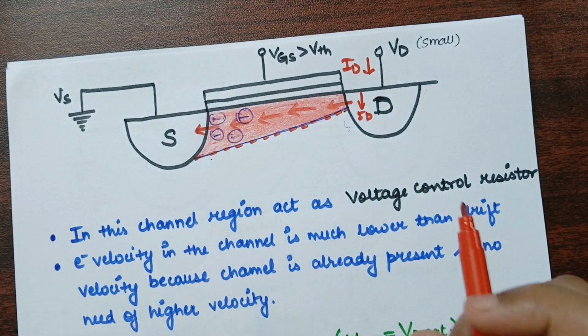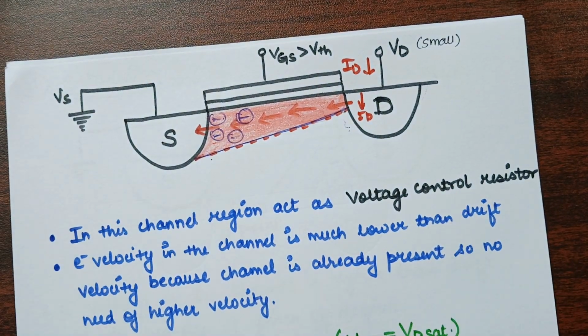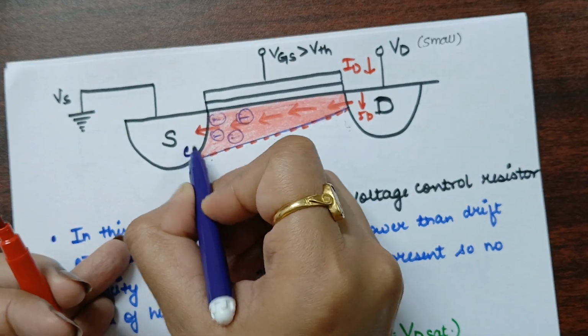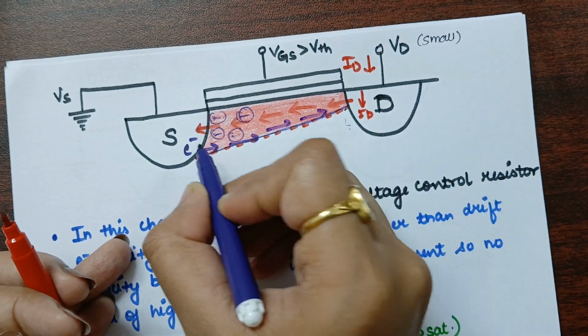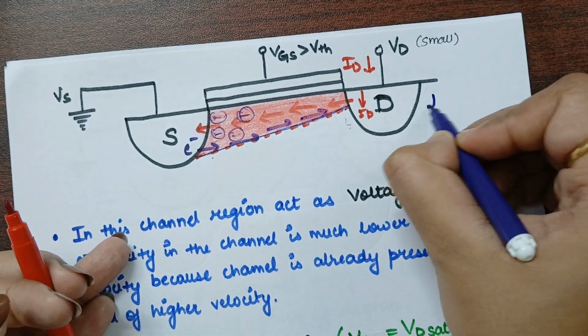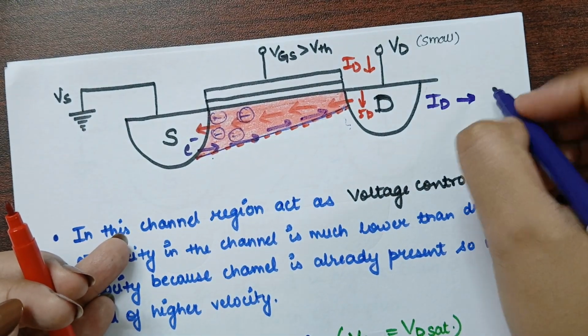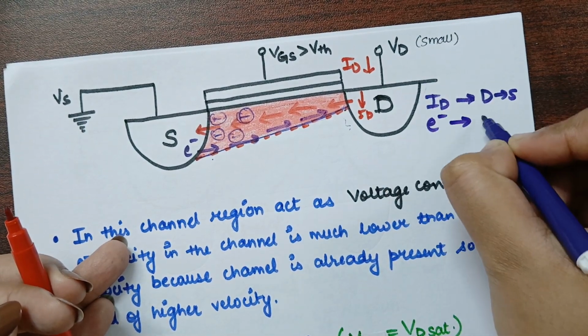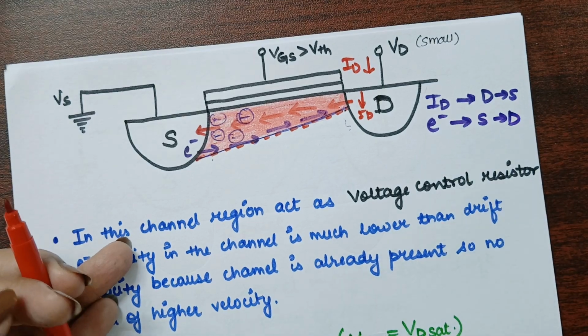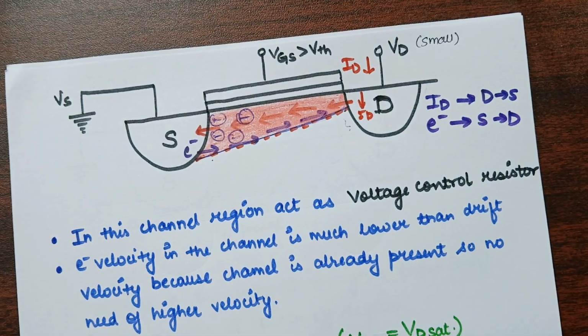So ID current can flow easily, and the electrons will move from source to drain. That is, ID current will move from drain to source, whereas the electrons will move from source to drain. Is it clear to you all?